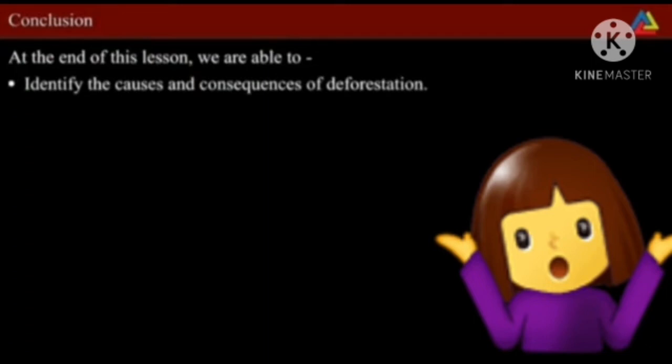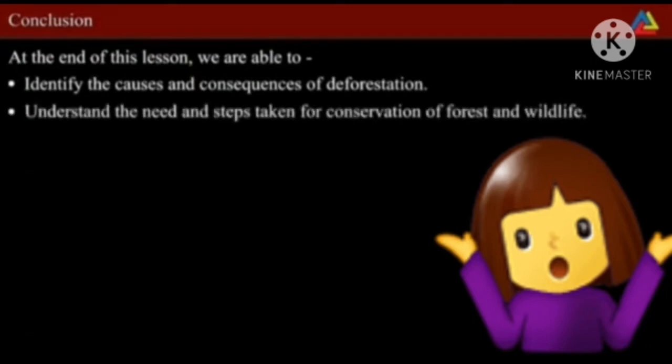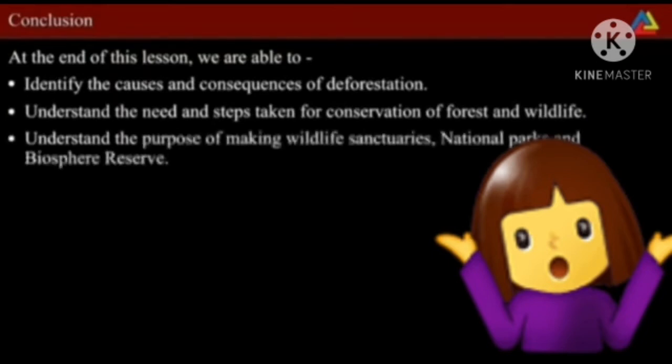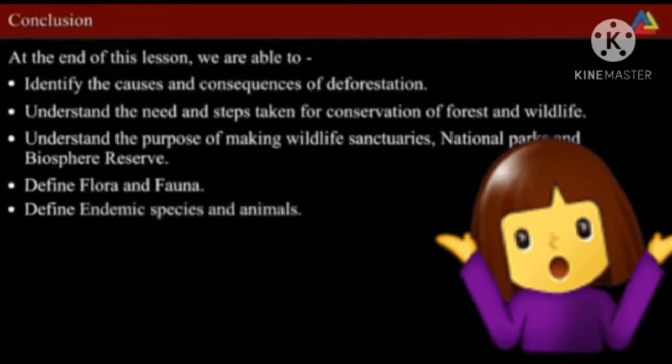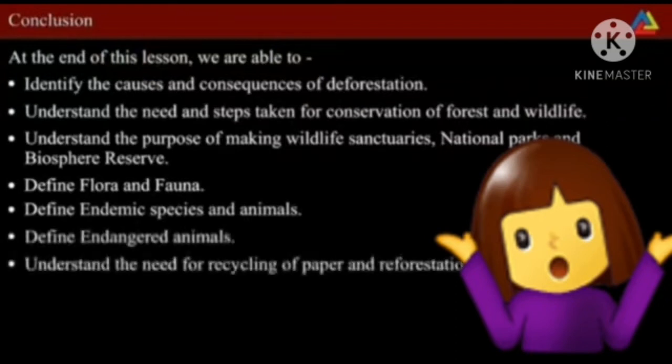In this lesson, we are able to identify the causes and consequences of deforestation, then understand the needs and steps taken for conservation of forest and wildlife, then understand the purpose of making wildlife sanctuaries, national parks and biosphere reserves, define flora and fauna, then endemic species and animals, endangered animals, then understand the need for recycling of paper and reforestation.